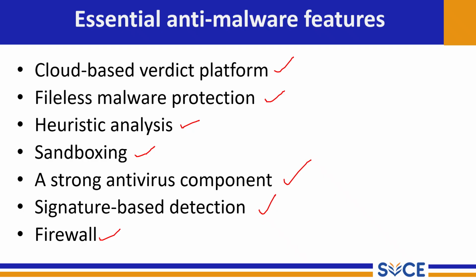Okay. Second one, fileless malware protection. Of all possible types of malware, cybersecurity professionals deem fileless malware to be the most dangerous because it directly affects a network's OS. As a result, fileless malware can have a significantly longer dwell time than other similar attacks.